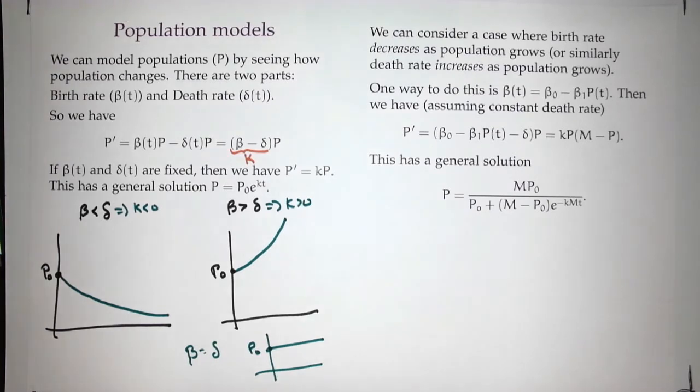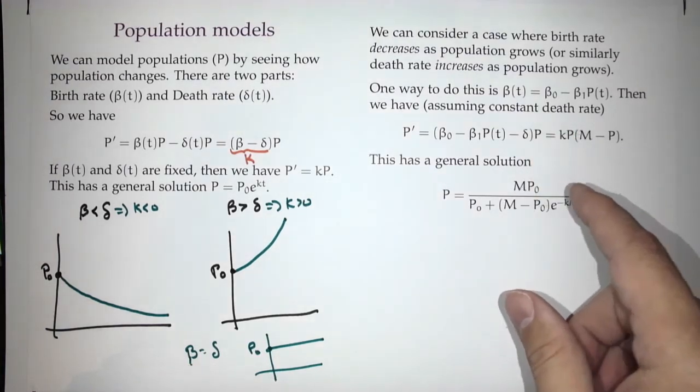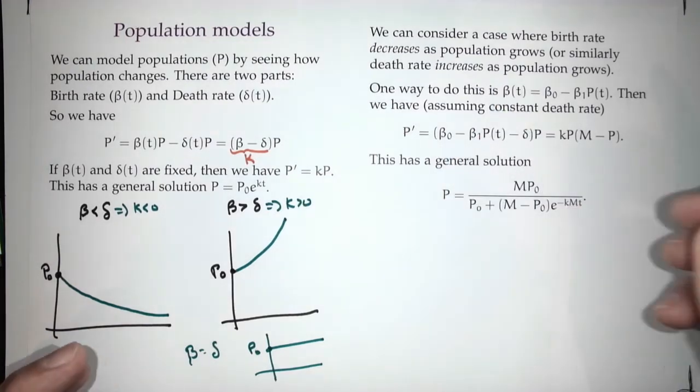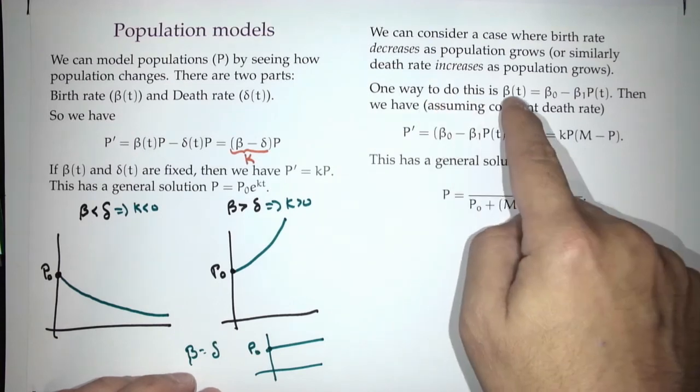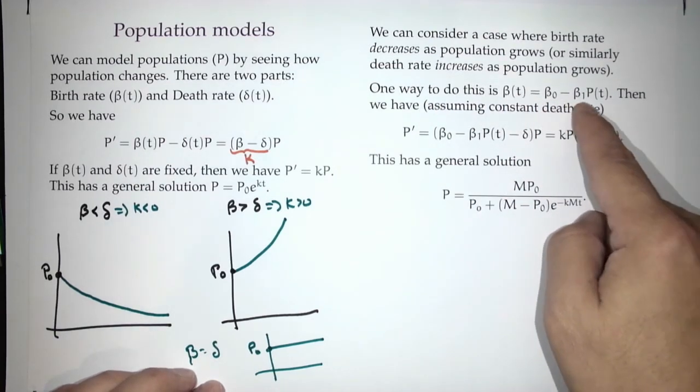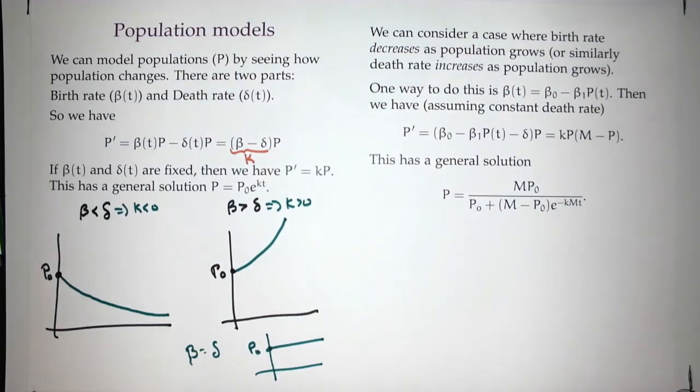In a similar way, maybe the death rate goes up as your population grows, because more people means more competition for resources. There might not be as many resources to spread around, which causes the death rate to go up. Either way, suppose the birth rate looks like a constant minus a constant times the population. That just says population goes up, birth rate goes down.